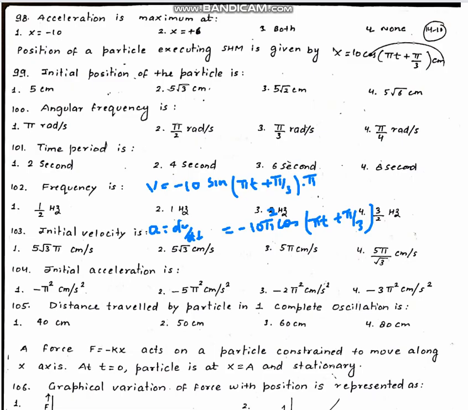T is equal to 0, so this will reduce to cos π/3, which is 1 by 2, so it will be minus 5π square. So second will be correct here.